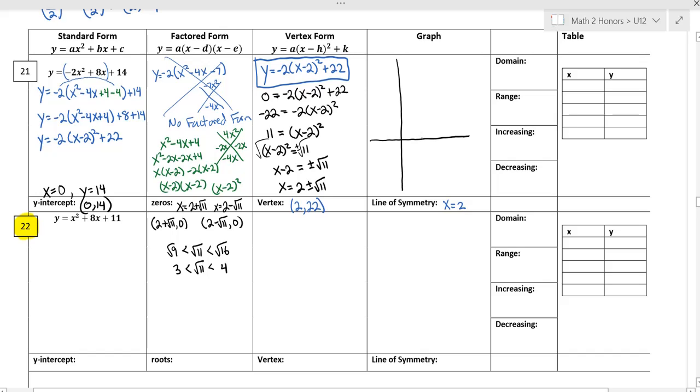Okay, so the center here is going to be at 2. Y-intercept is 0, 14.